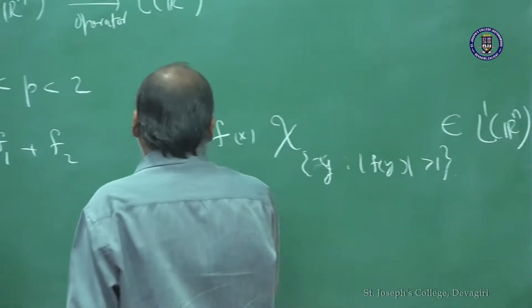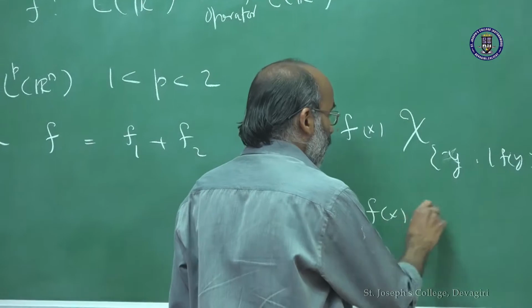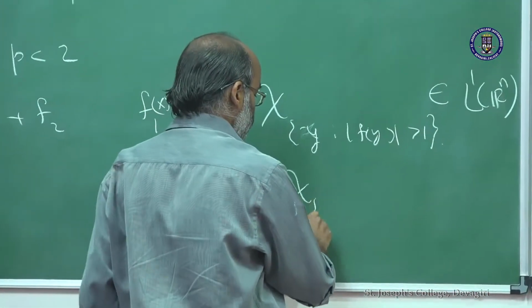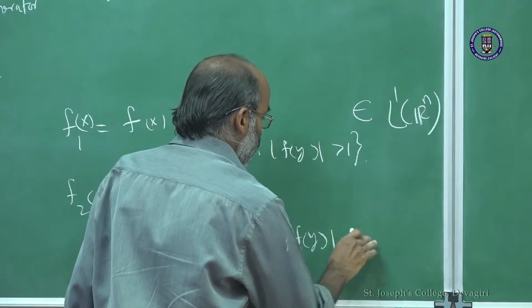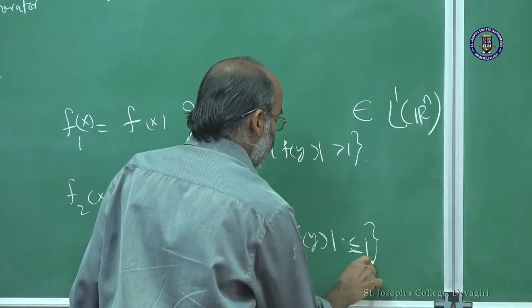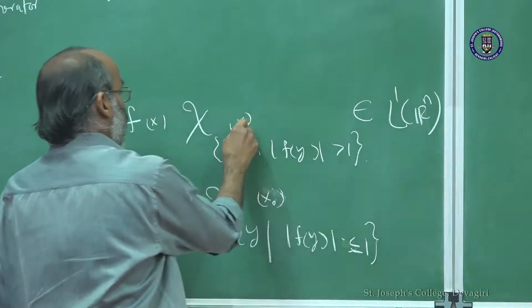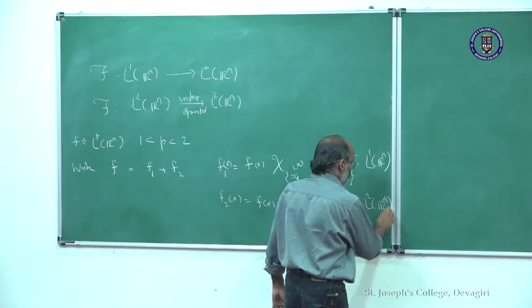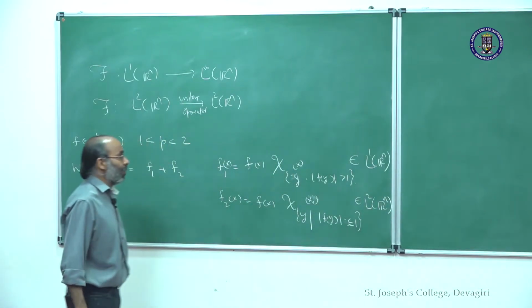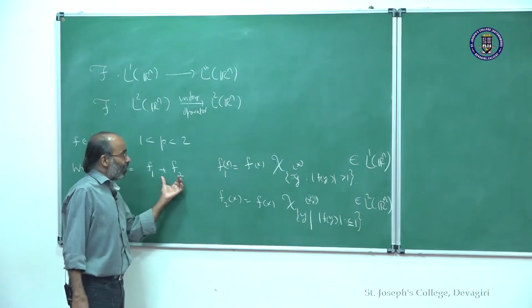And F2 is f of x times whatever is remaining, so y such that mod f of y less than or equal to 1. Okay. This is going to be in L2. So, this is the splitting, F1 and F2.